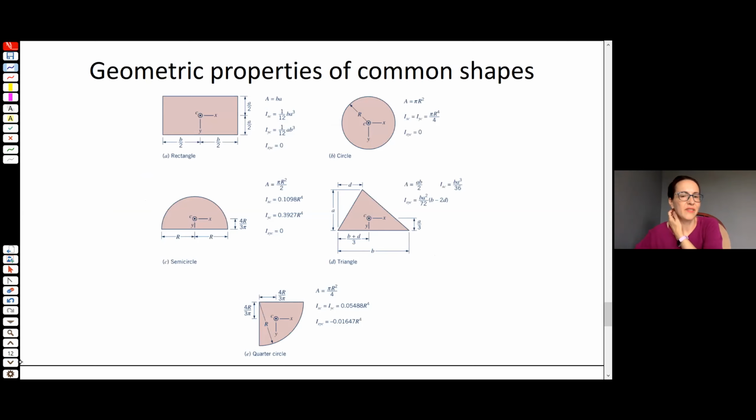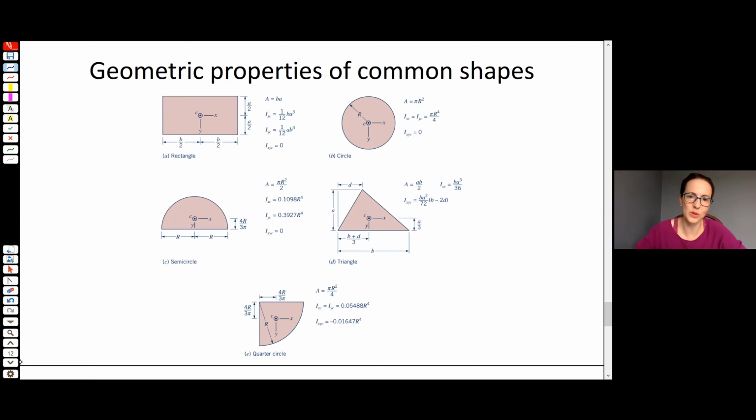So here we have figure, I didn't write it down. Let me take a look here. I want to say 219 from the textbook, but don't quote me on that yet. 218. So here we've got figure 218 from the textbook, and it gives you the geometric properties of some common shapes.